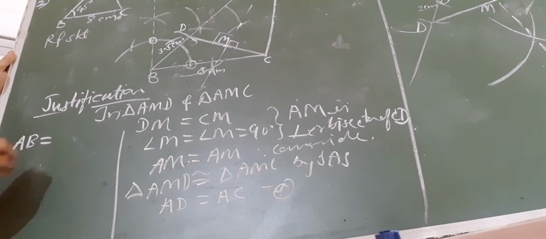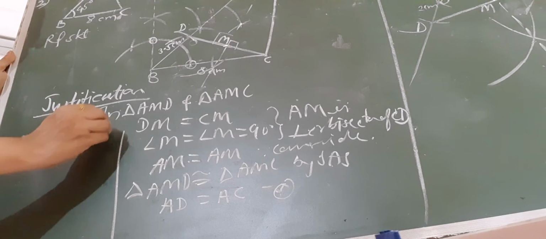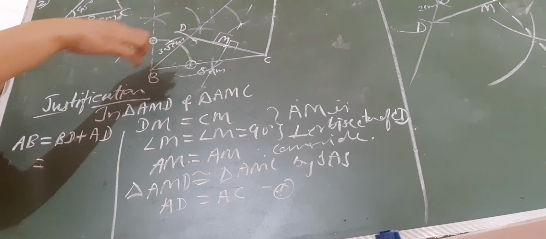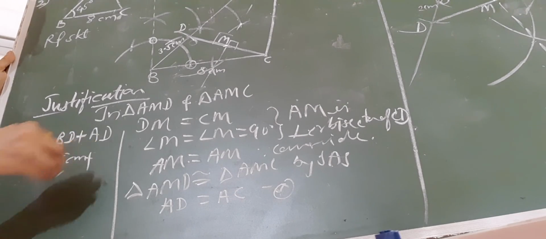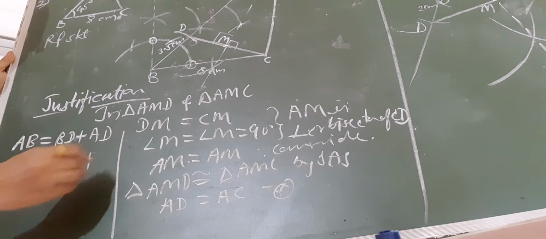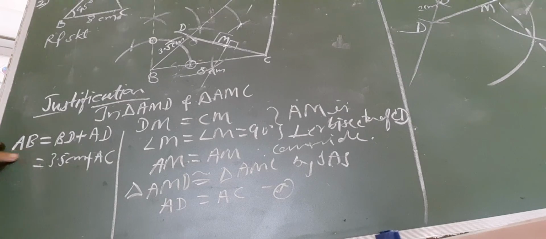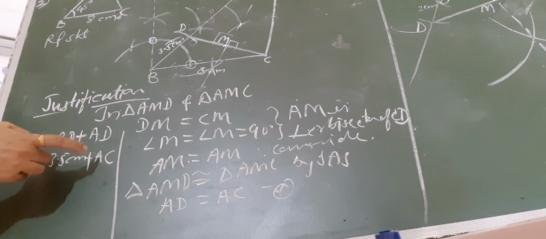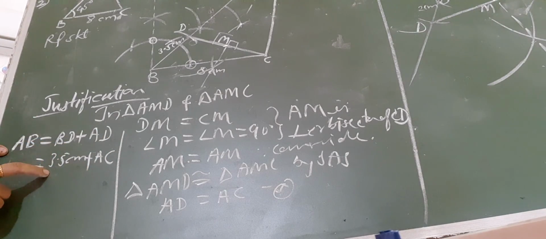AB is equal to BD plus AD. BD we have drawn as the arc of 3.5 centimeter, and AD is equal to AC, which we have just proved. So you can write down the actual measurement of AB and of AC, and you can see that AB is greater by 3.5 centimeter. This is the justification part of this problem.